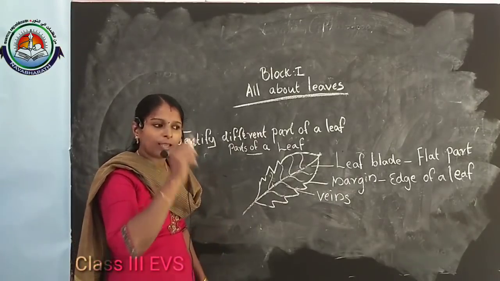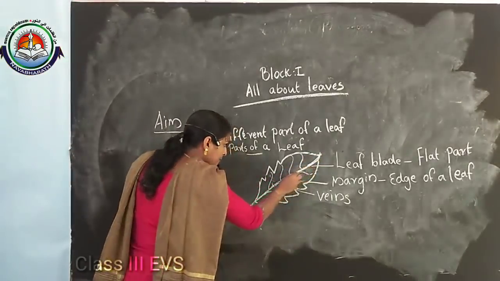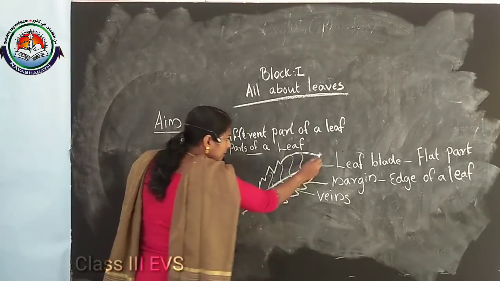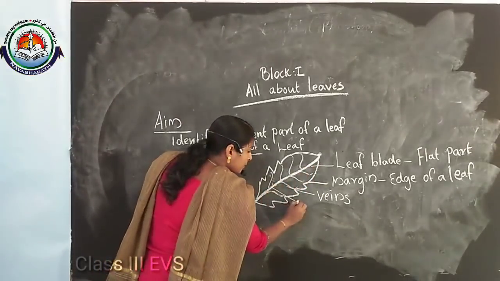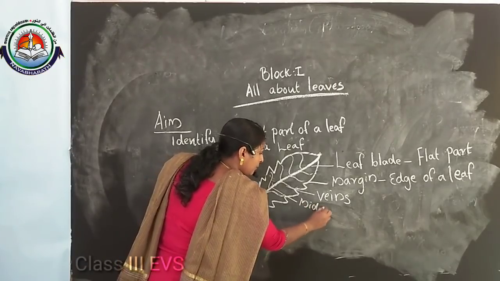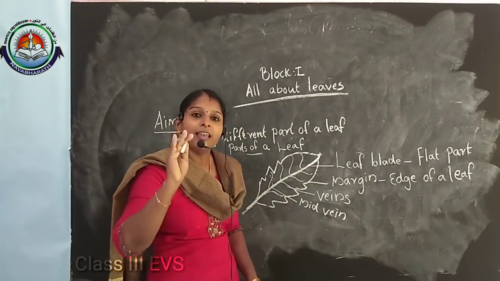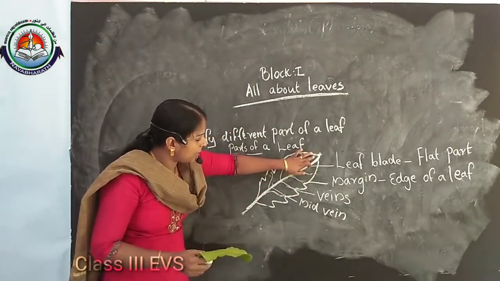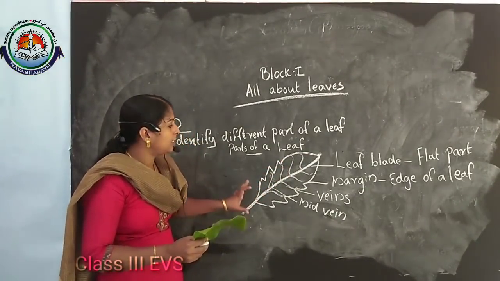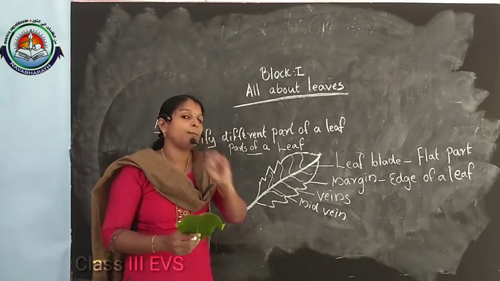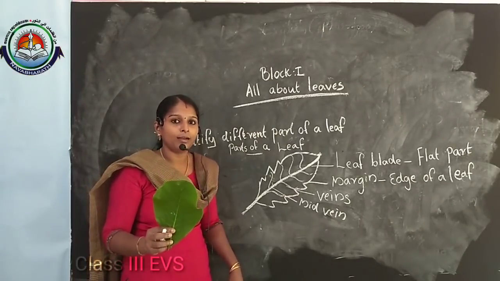One more vein we can see, one big vein. Look, this one is called the mid vein. From the word itself we can understand: the mid vein passes through the middle of the leaf. We can see only one mid vein, but so many veins on a leaf blade. Got it?